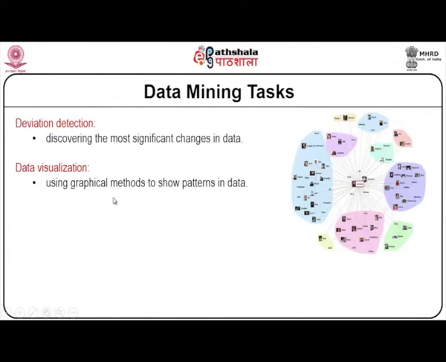Not only that, we have some more data mining tasks associated with it, like deviation detection, which tries to discover the most significant changes in data. Anything that deviates from the routine, we also tend to detect. Say I have a cluster and I assume that certain data values can never sit in that cluster; why these data values deviate can also be studied.